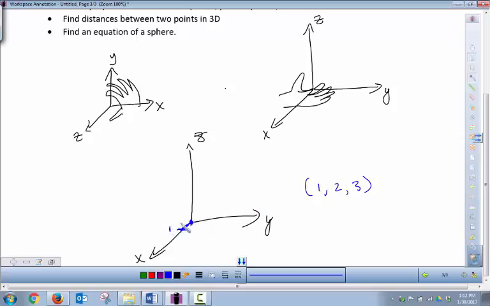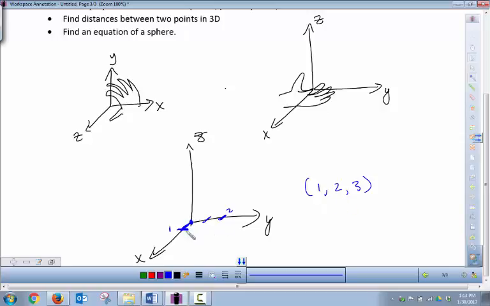So this is 1 unit in the x direction. Now 2 units in the y direction, again, I would want to draw these tick marks parallel to the x-axis, so they're perpendicular to the y-axis. And 2 units this way would give me my 2 units in my y direction.